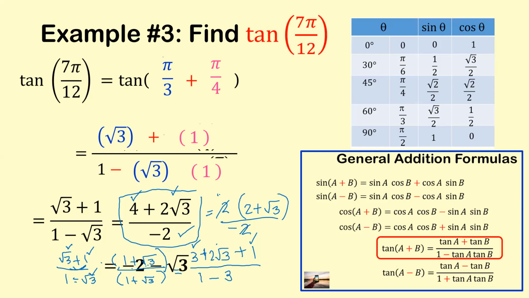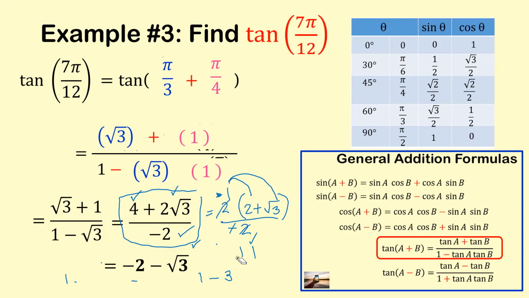So you're left with negative sign, or negative 1 na lang, pag kinancel mo to. So negative 1 times 2 plus square root of 3 is negative 2 minus square root of 3. So therefore, our final answer, final na po talaga. Let's erase this scratch work. That will be negative 2 minus square root of 3.